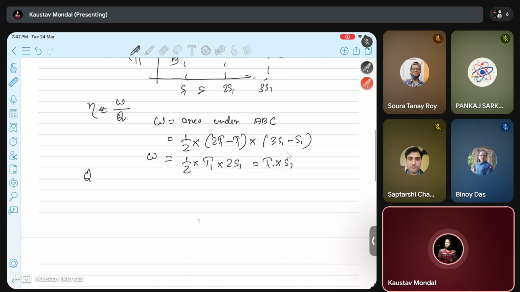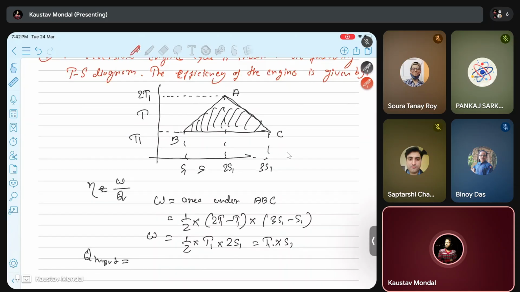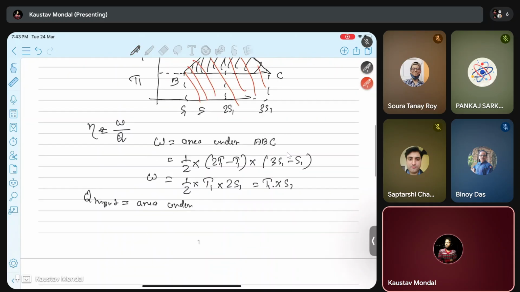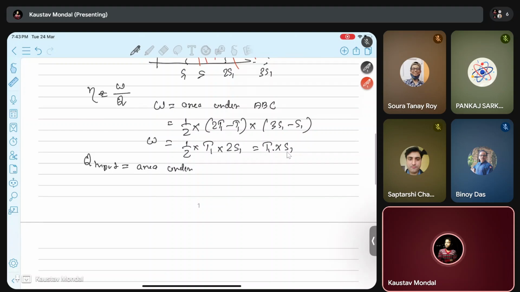Now Q, heat input, we know is the area under this curve BAC.